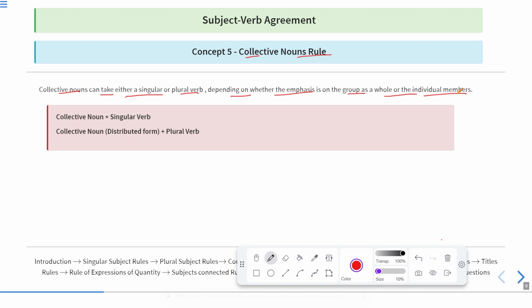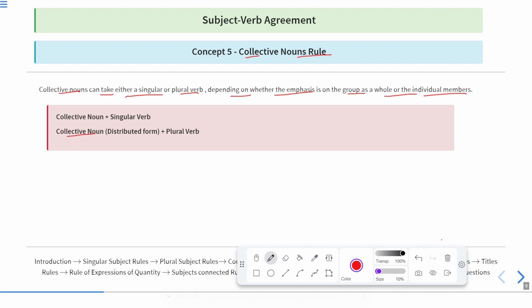Now, what happens when we talk about collective nouns? When we talk about a collective noun, it is always considered singular as well as neutral gender. So a collective noun is always followed by the singular form of the verb.